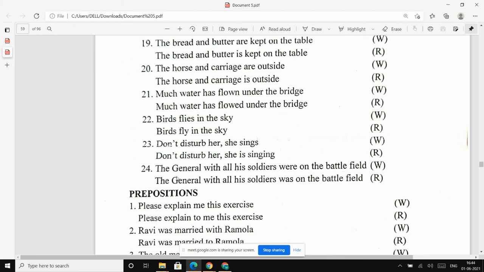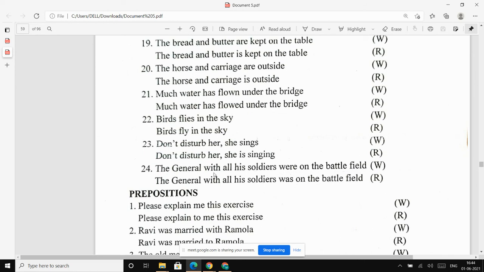Okay, the general with all his soldiers were on the battlefield. So, if the two subjects are connected with with, then the verb agrees with the first noun. So, the general is a singular. That's why it takes the singular verb. The general with all his soldiers was, not were. If it is with soldiers, then it is were.